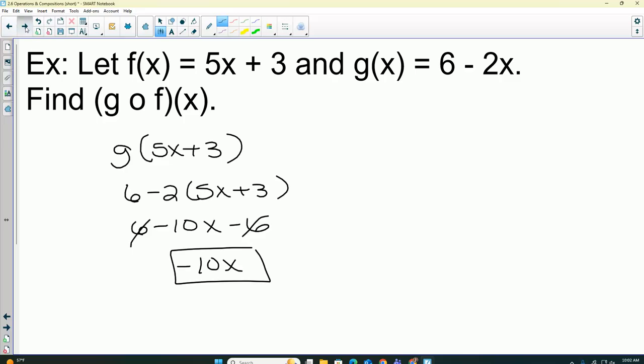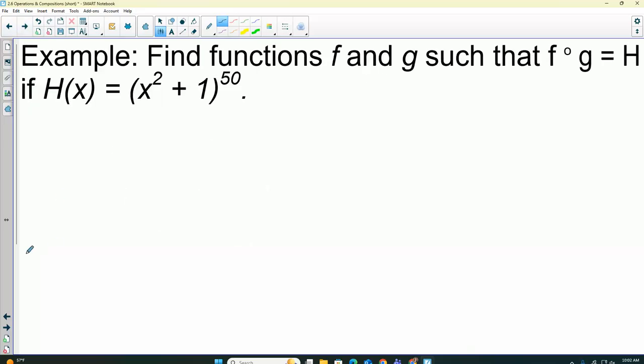All right, final thing I want to talk about today is working backwards from these things. So if I tell you f composed with g is equal to h, that means f of g of x is equal to this function, x squared plus 1 to the 50th.